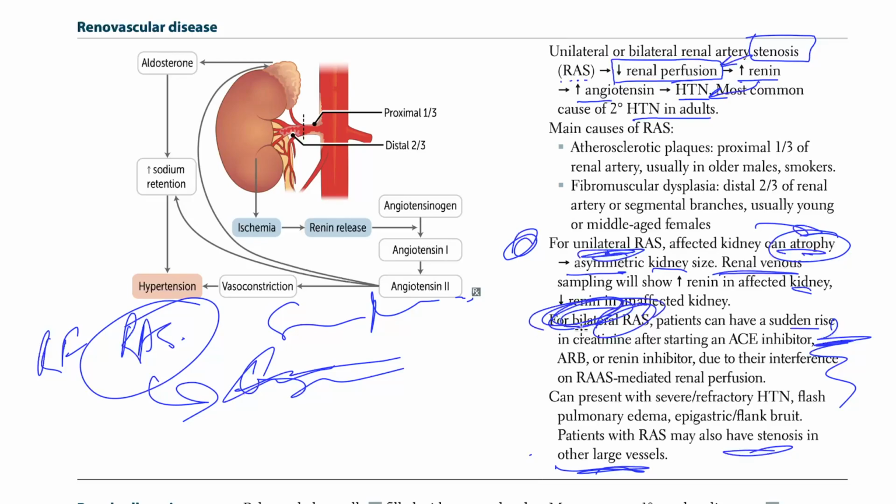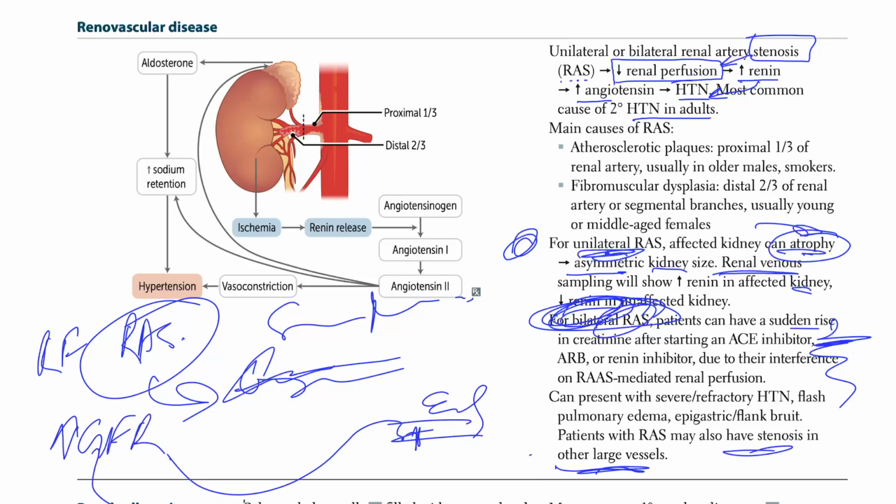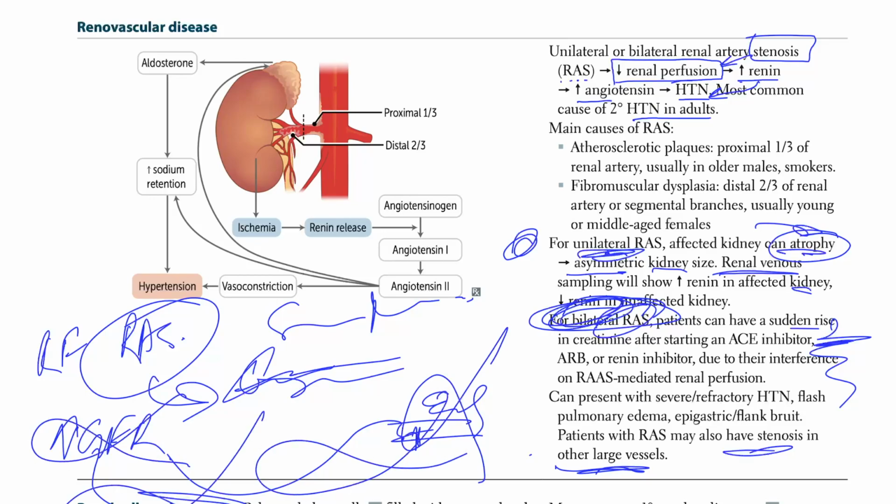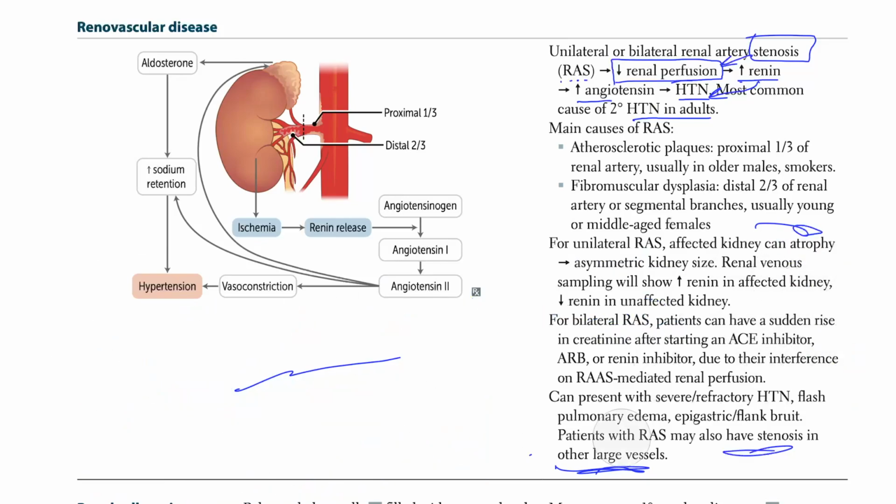So because you have bilateral RAS, they depend upon the efferent vasoconstriction, so they can increase the GFR and maintain the perfusion. But if you were to inhibit it, then you can't maintain GFR, you can't maintain perfusion, leading to ischemia. I hope I'm making sense here.